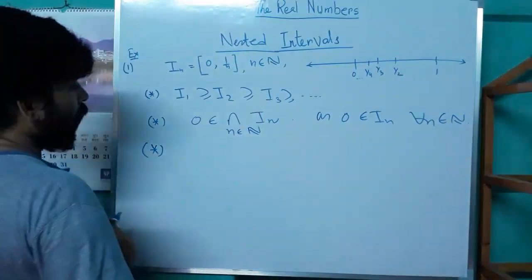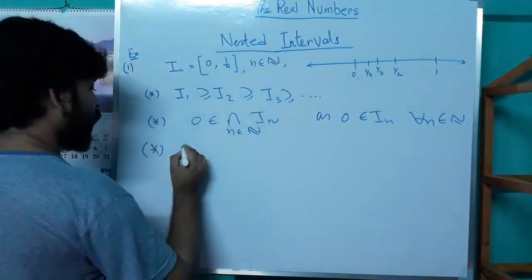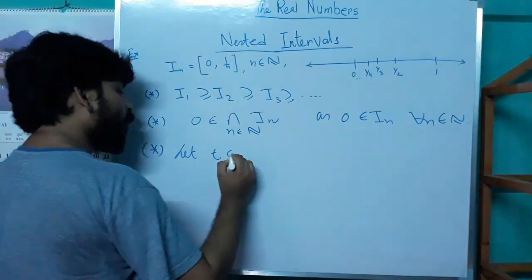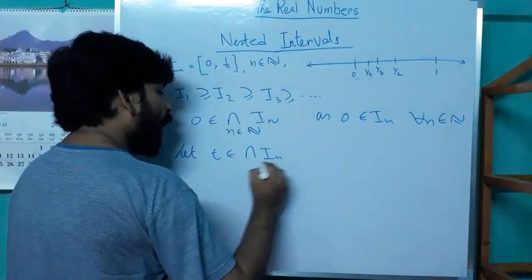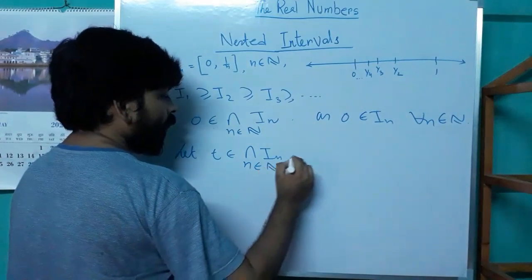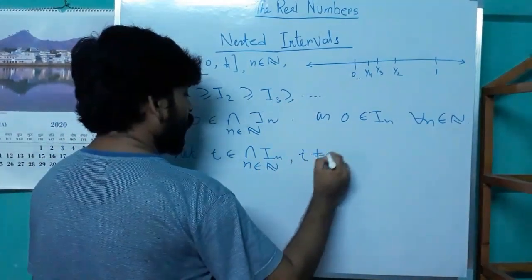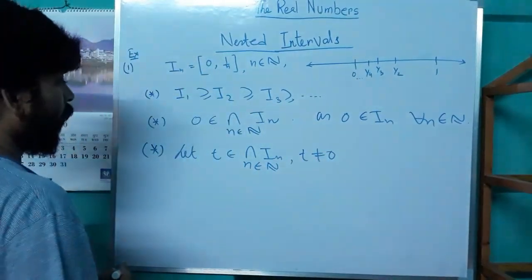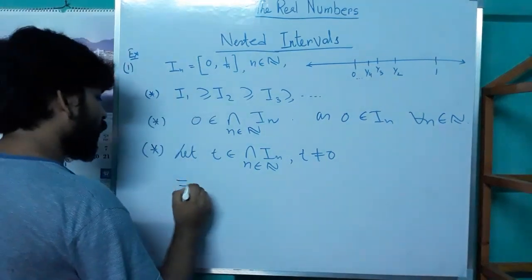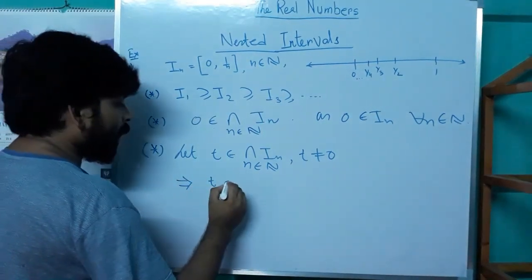So if possible, let the intersection contain another point except 0. Then obviously that element is strictly positive.